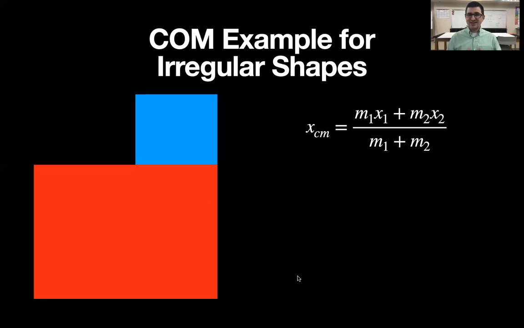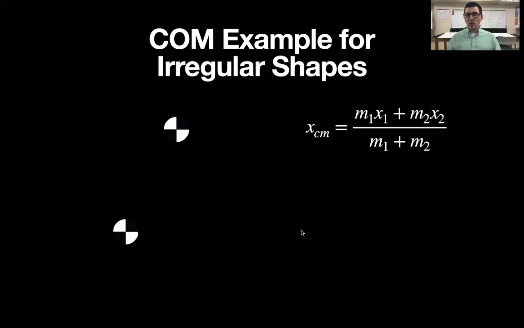And so because now this is a regular shape, hopefully with a uniform density, we can find the center of mass of each of these two shapes, which we can then treat as point particles.